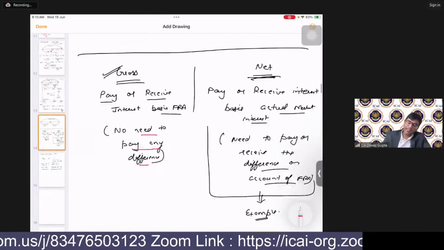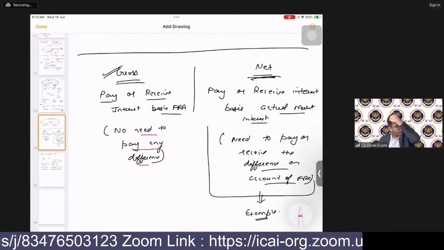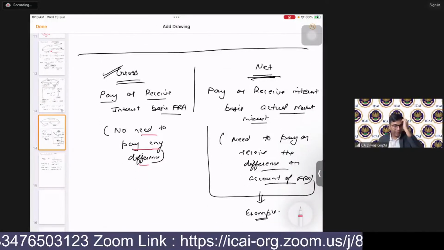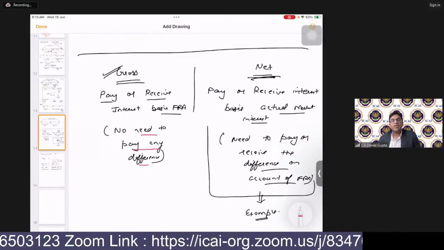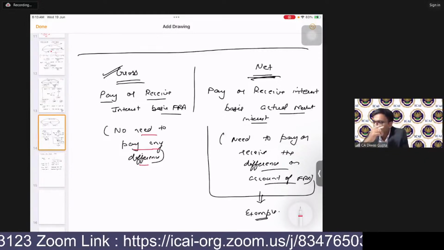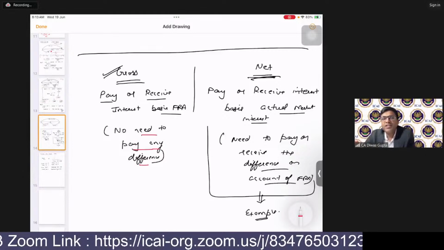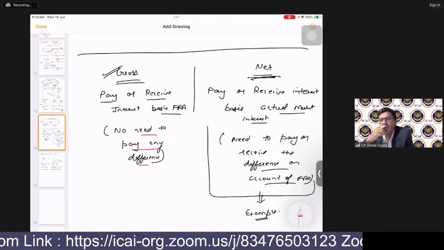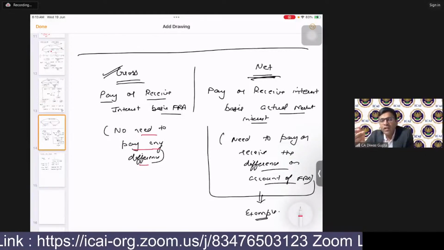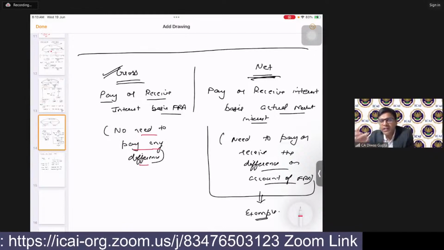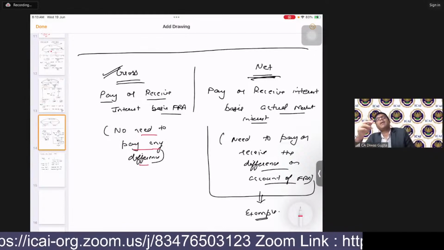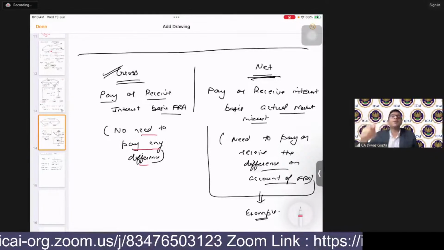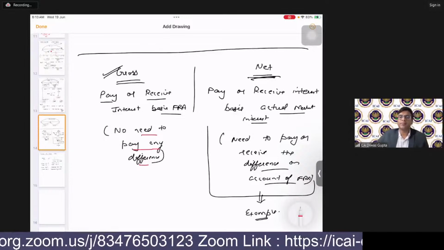So if I connect it back to derivatives, students, how did gross settlement happen in derivatives? Let's say you have entered into a forward of purchasing an equity share. So at the end, you will end up purchasing the equity share, taking the delivery of that equity share and paying up the amount at which you have locked the forward, right?